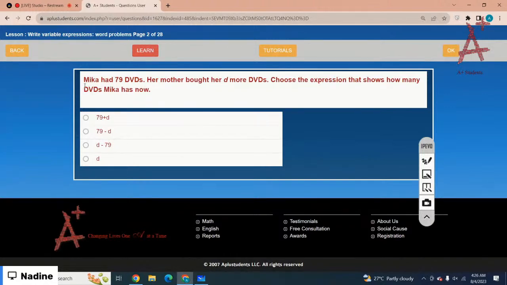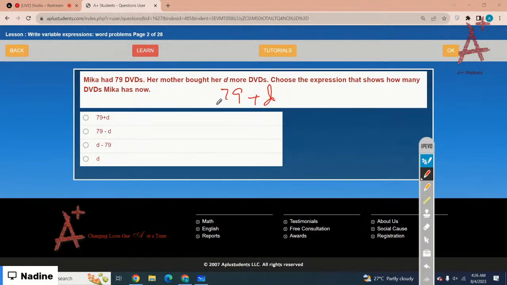Okay, Mika has 79 DVDs. Her mother bought her D more DVDs. Choose the expression that shows how many DVDs Mika has now. So earlier she had 79. Now her mother got her D more. So that means you have to add D to 79.